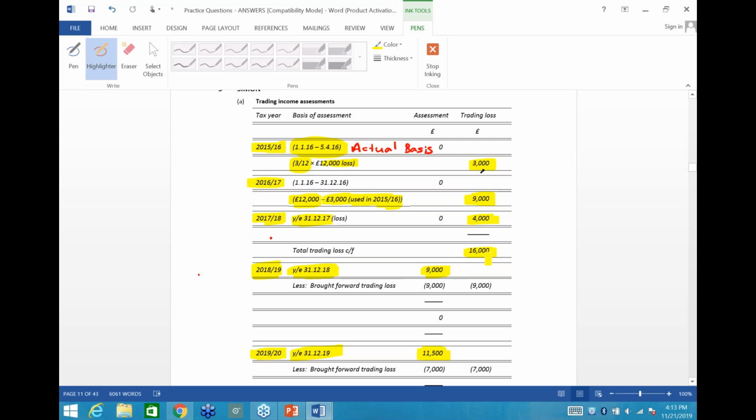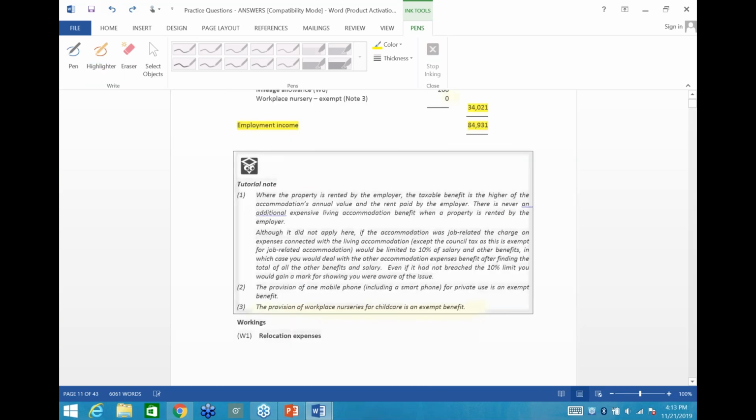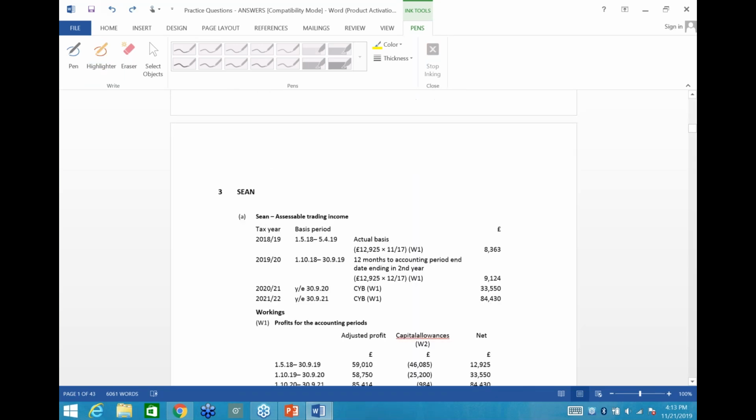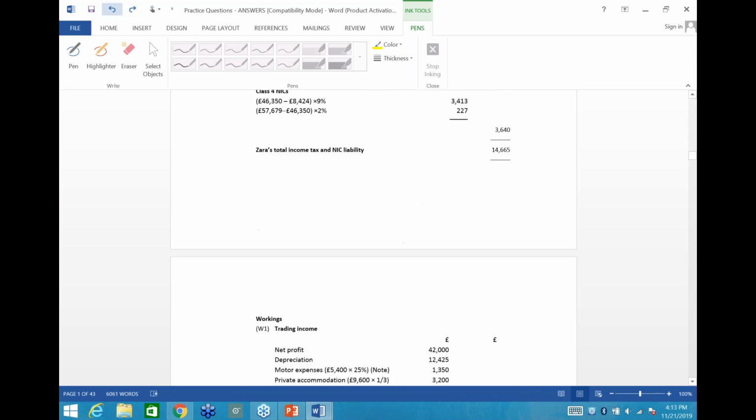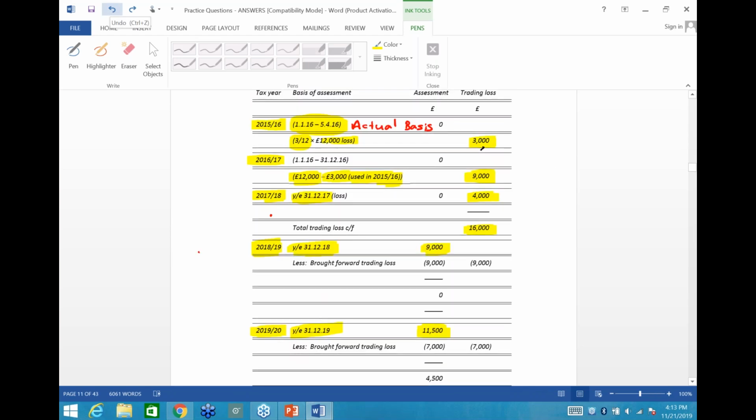So out of this 16,000 accumulated loss, the maximum possible amount you can set off is 9,000.